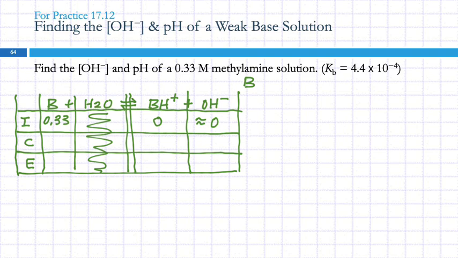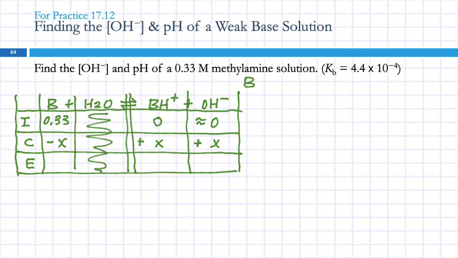Now we look at how these concentrations are going to change. Remember, one side of the double arrow is going to increase and the other side is going to decrease. Sometimes it's hard to tell. In this one, it's not hard to tell because this side can only go up. So this is plus x on this side, and that's minus x.